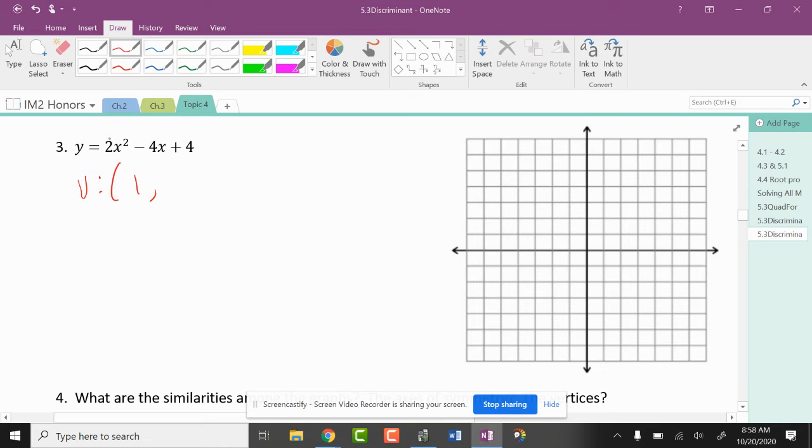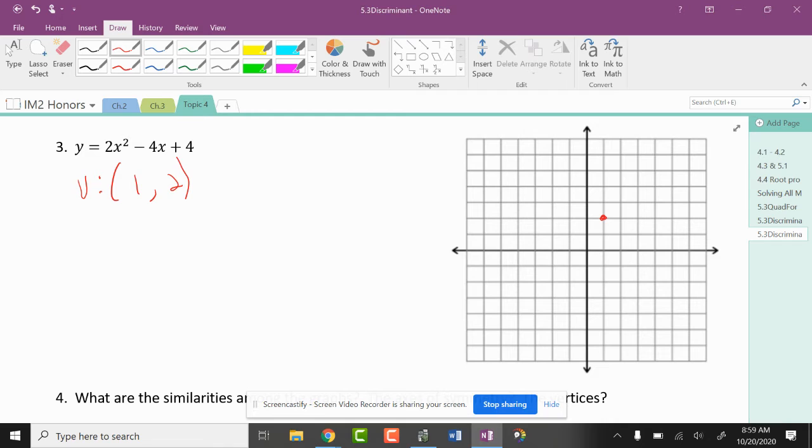And then real quick on plug it in, sorry. Pretty simple because it becomes 2 minus 4 plus 4. Minus 4 plus 4 cancels when you plug in 1 for x. Should be simple to evaluate. And you end up getting 1, 2. And then the y-intercept, we're not going to write it down, we're just going to graph it, is 0, 4.